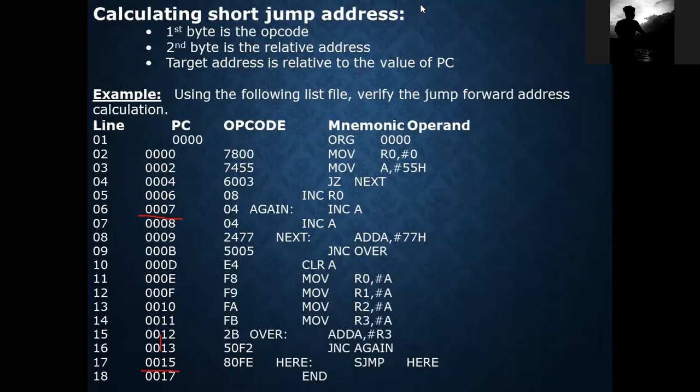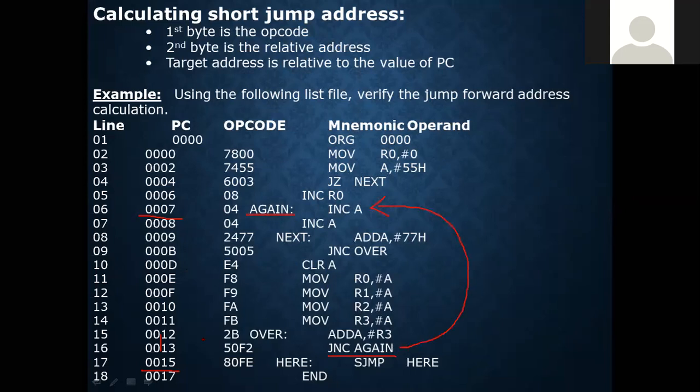Sir, can you please repeat the last part? Which one? Backward jump. Backward jump is nothing but, you can see this JNC again, so here it is jumping from this one to this one.